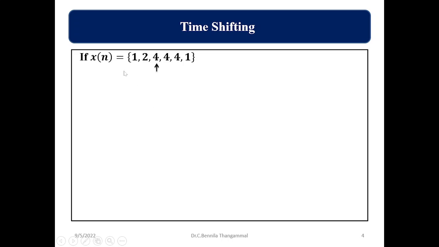This is a bidirectional input signal. This arrow mark tells you that at 4, n is equal to 0. So if it is n equal to 0 now, then n equal to minus 1, minus 2, and here it is 1, 2, 3. So the time period for this x of n is minus 2 to 3. Find x of n minus 2.